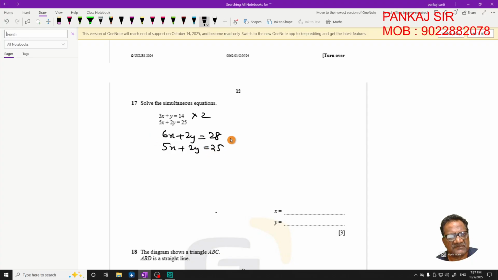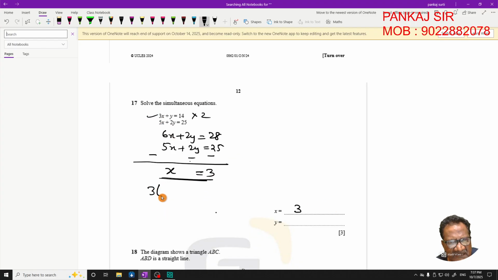Now doing this, the 2y and 2y can be eliminated. When I subtract, 6x minus 5x is x, 2y minus 2y is 0, and 28 minus 25 is 3. So I'm straight away getting x equal to 3. Now this x equal to 3, I will substitute in the first equation.